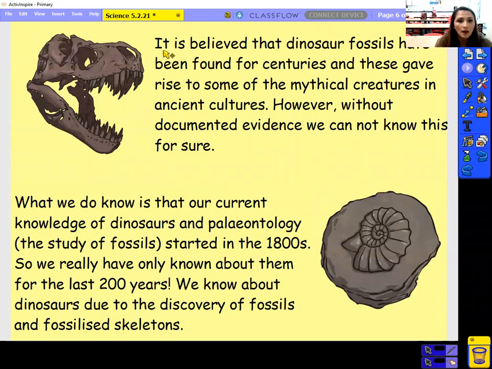It is believed that dinosaur fossils have been found for centuries. Century means hundreds of years. And these gave rise to some of the mythical creatures in ancient cultures. The idea of dragons and things like that came about because of the fossils that people found. They found these fossils and thought they were dragons, and actually, what they were finding was fossils of dinosaurs.